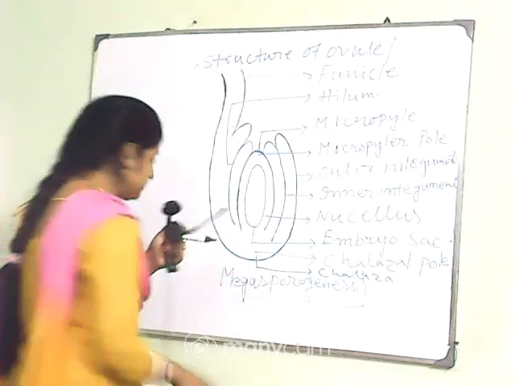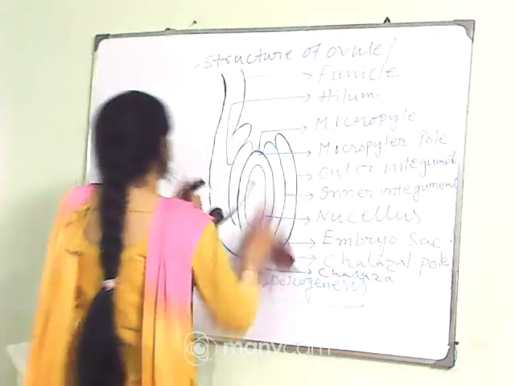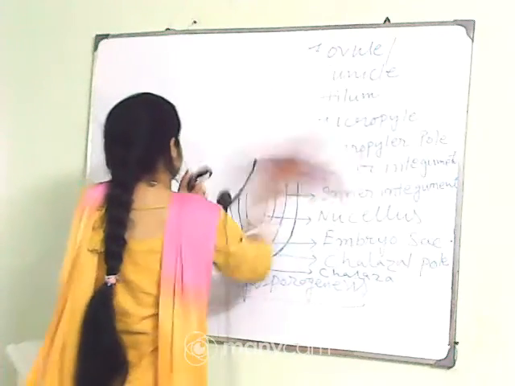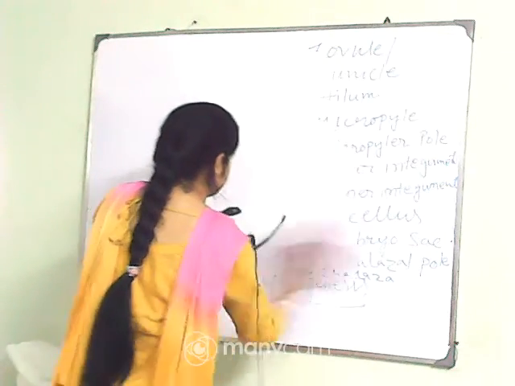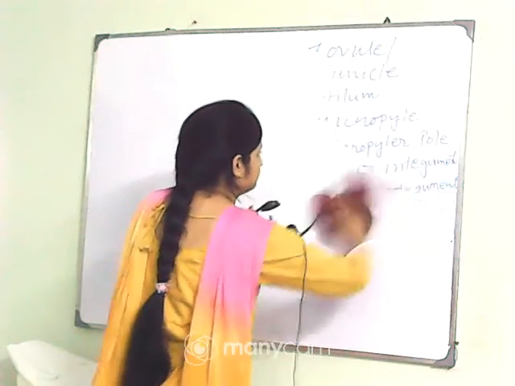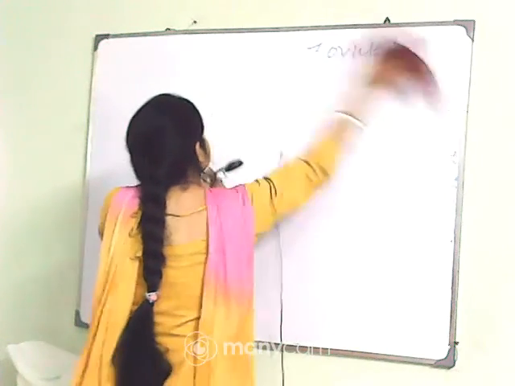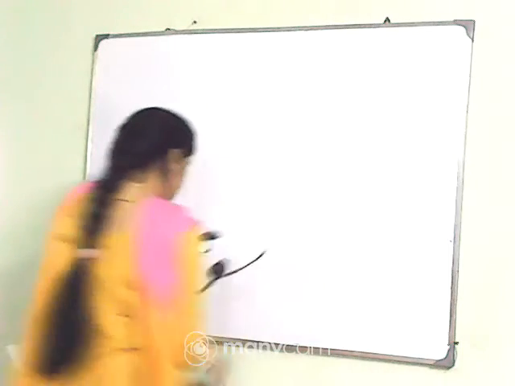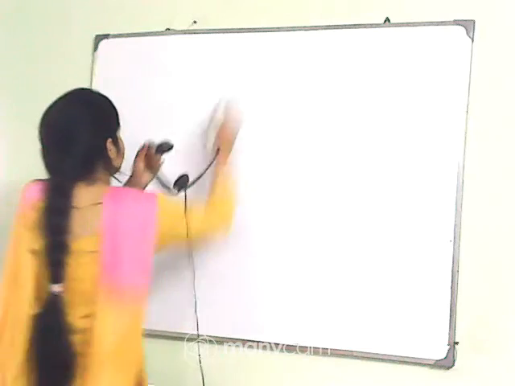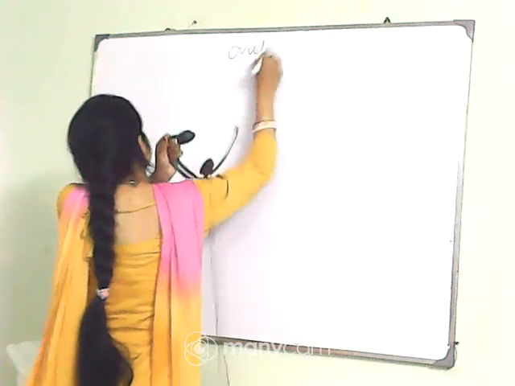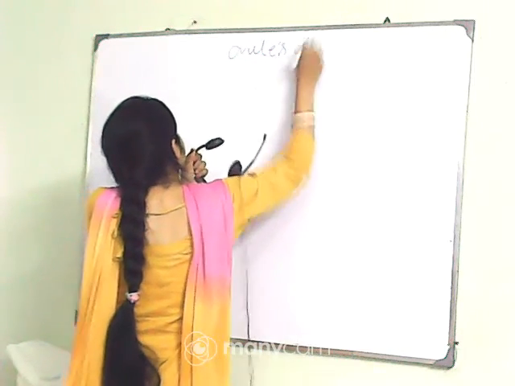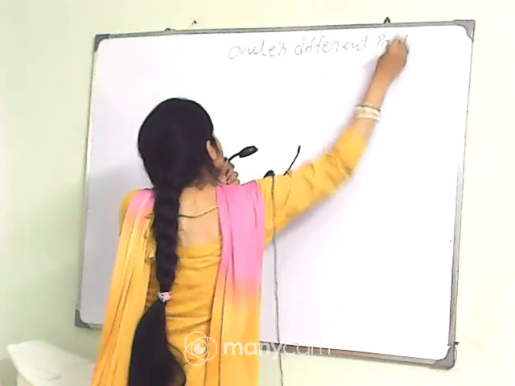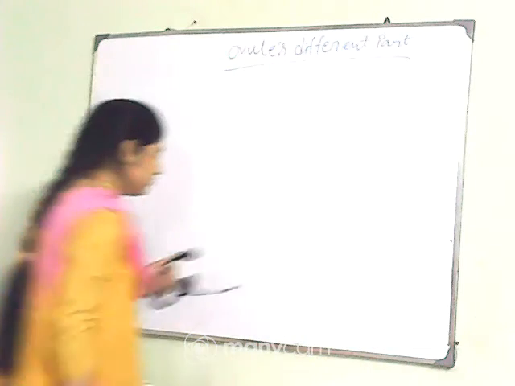Okay, now I will tell you the definitions of the different parts of this ovule. The first one, funicle.